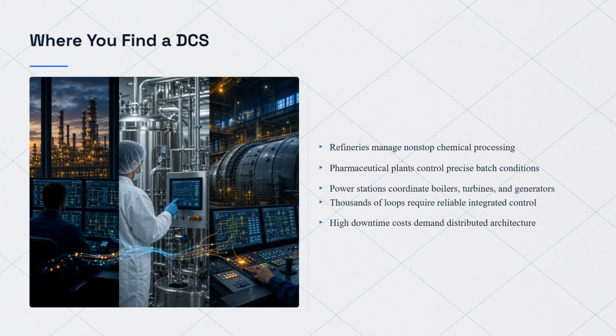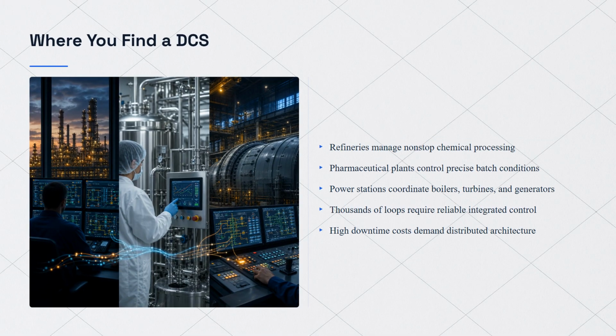Oil refineries and petrochemical plants use DCS to manage the continuous chemical processes that never stop. Pharmaceutical manufacturers rely on DCS for batch processes, where precise temperature, pressure, and timing determine product quality. Large power generation facilities use DCS to control boilers, turbines, and generators.